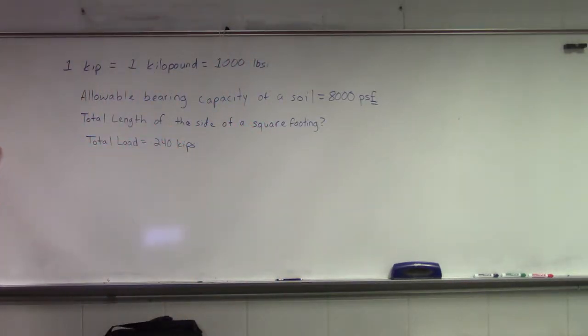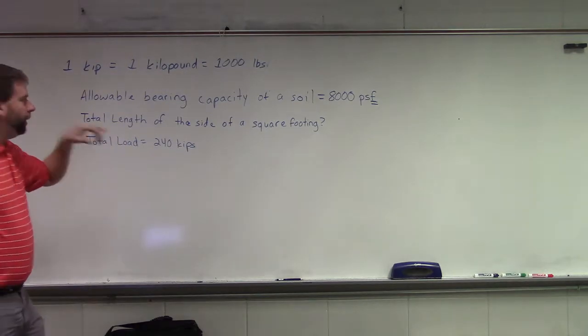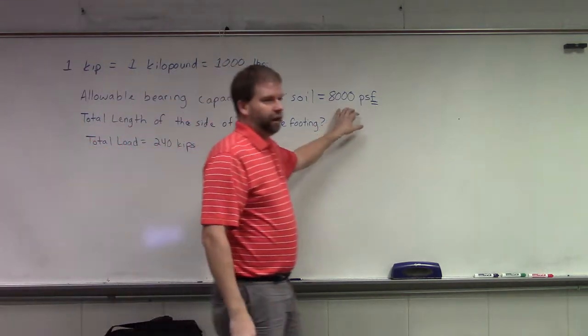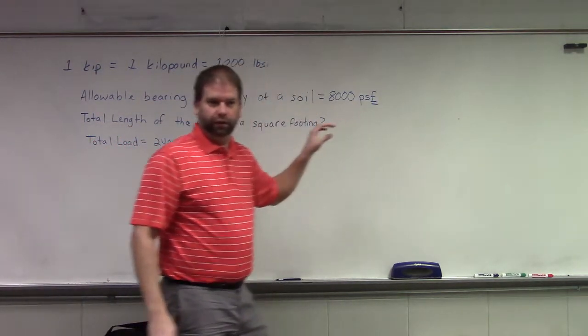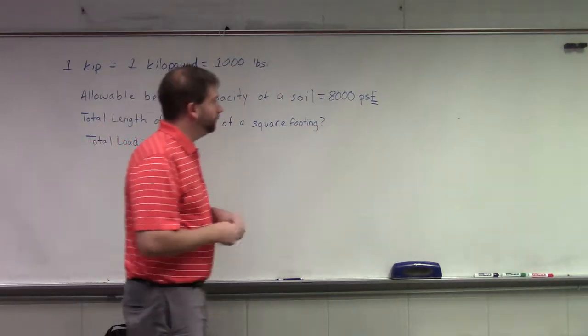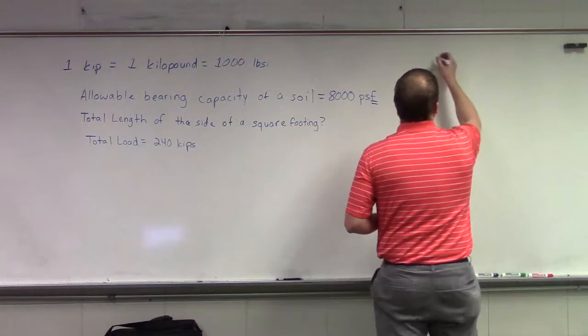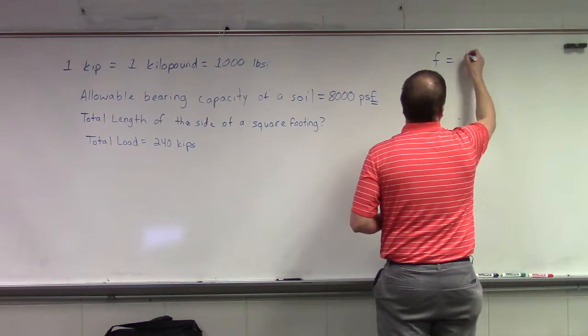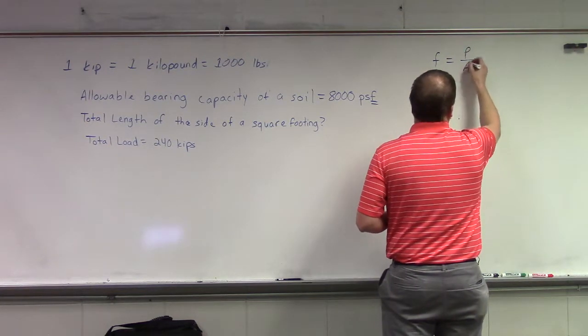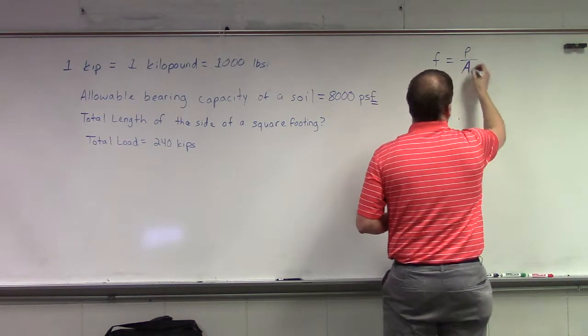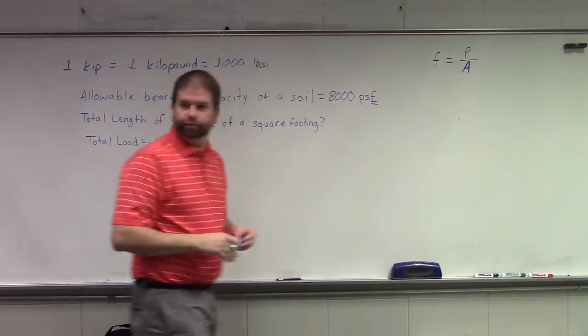Okay, so we want to put in a square footing. We want to apply a total load of 240 kips, and we need our footing to be square. The bearing capacity of our soil is 8,000 pounds per square foot. The basic form of our equation is F equals P over A, right?